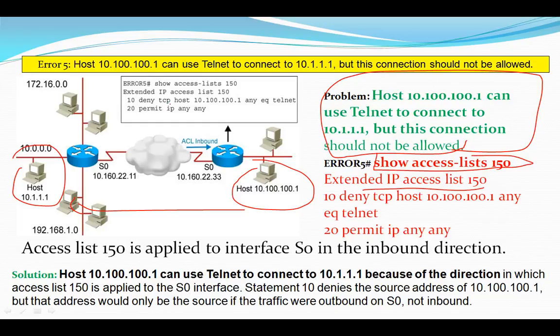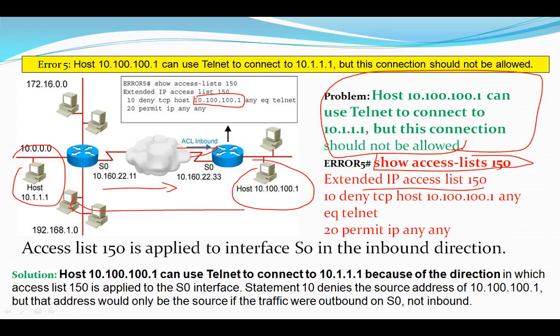Statement 10 denies TCP host, it is denying this IP address only, any equivalent telnet. 20 permit IP any on this router. So what will happen? Access list 150 is applied to interface serial 0 in the inbound direction, so traffic is coming in like that.